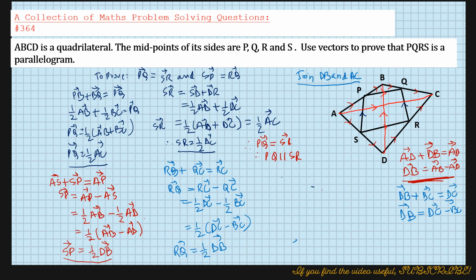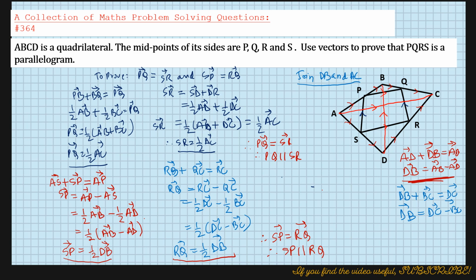I think that's done, because we got SP and we got RQ. So we can say vector SP equals vector RQ, and therefore SP is parallel to RQ.